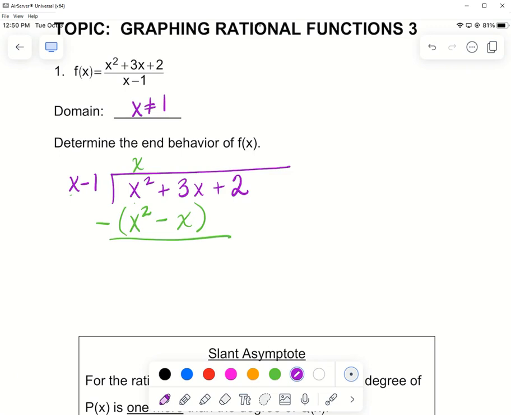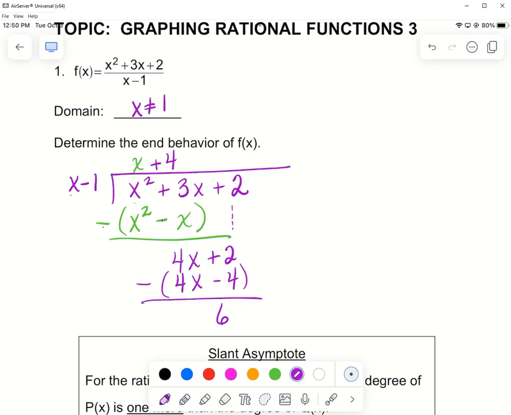I'm doing 3x minus a negative x, which would be 4x. The 2 then gets brought down. So I do plus 4, and I repeat the process, remembering that I am subtracting, and I would get 6.